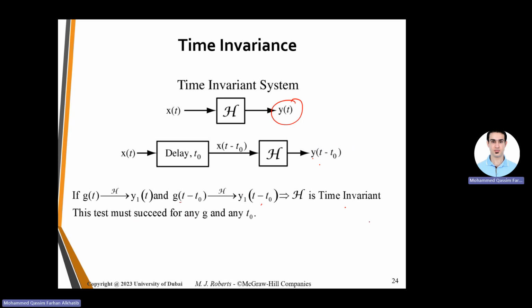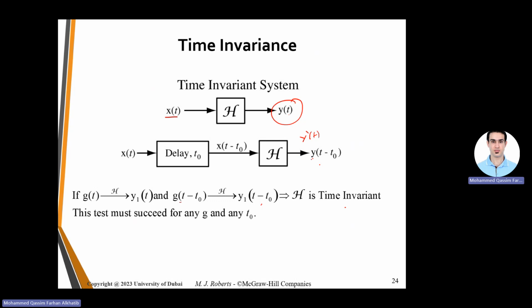All right, so the standard way: we have x of t, apply it to a certain system, and you will get y of t. Then you have x of t, apply it to a certain delay, and you will get x of t minus t naught. You have the delay, then you apply it to the system, and you will get something called y prime of t.